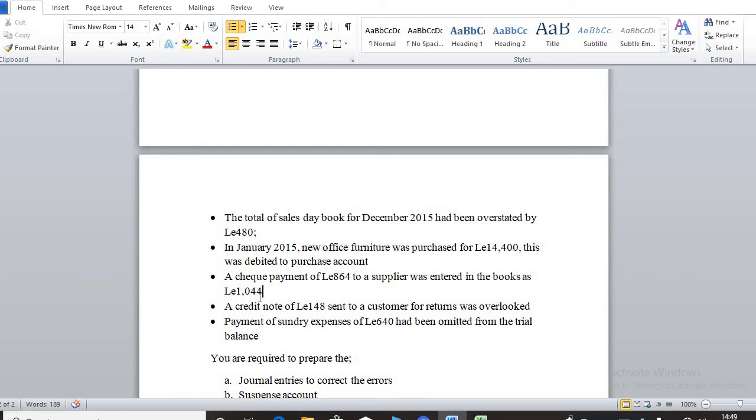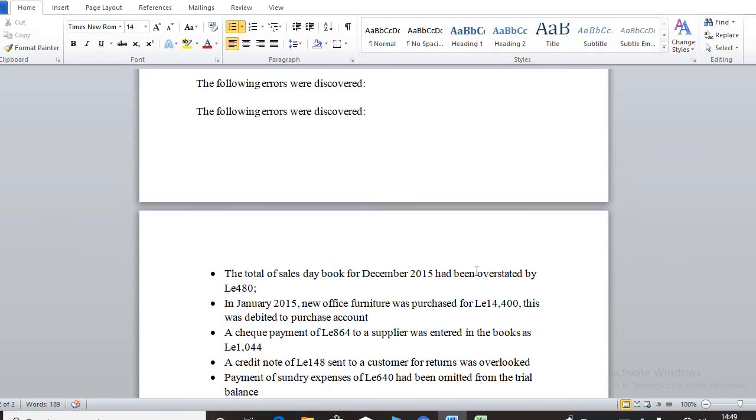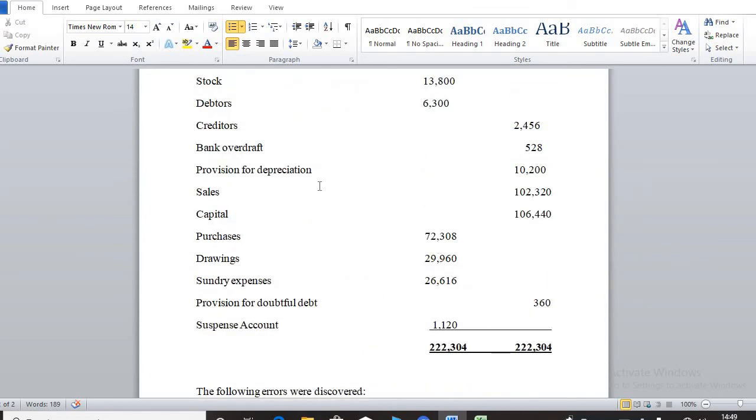Then you credit the account that was debited, then you debit the account that was credited. So here, because it was overstated, the creditor's account was debited, so you have to credit it.